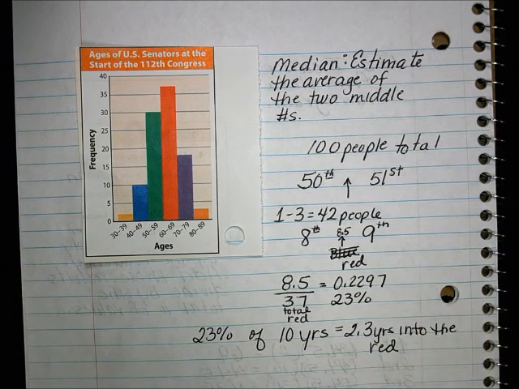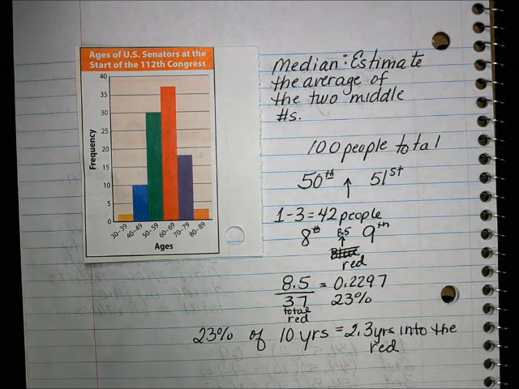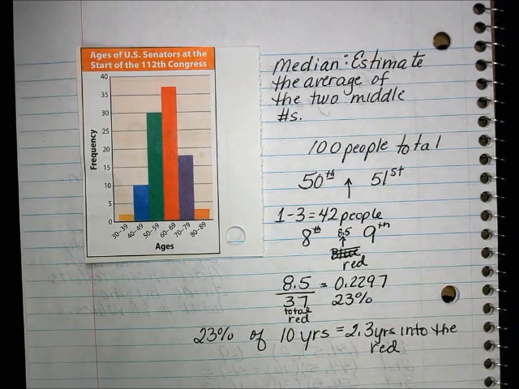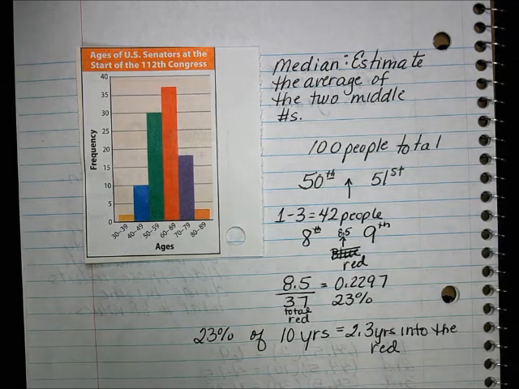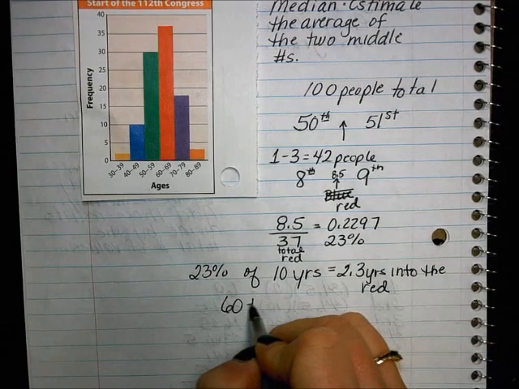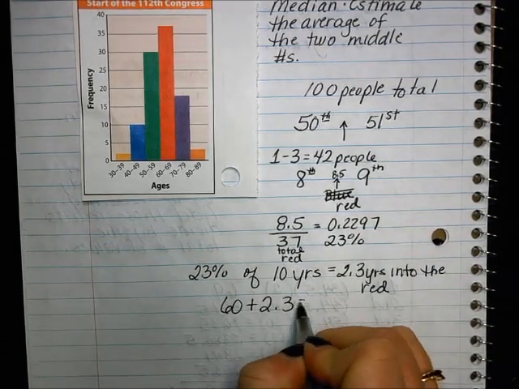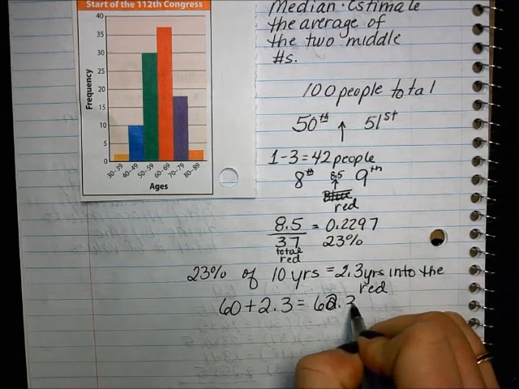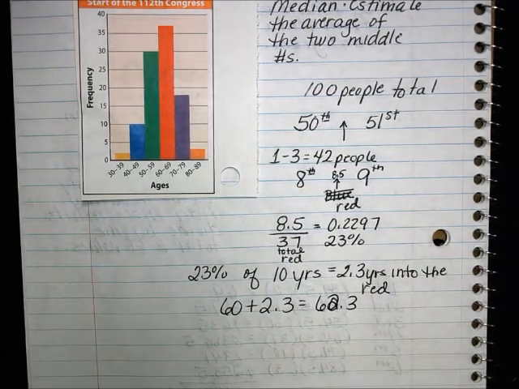So if we're looking at 8.5 people into the red, that's 23% into the red, and 23% of the 10 years is 2.3 years into the red. Now the red starts at 60. So 60 years plus the 2.3 years is 62.3 years.